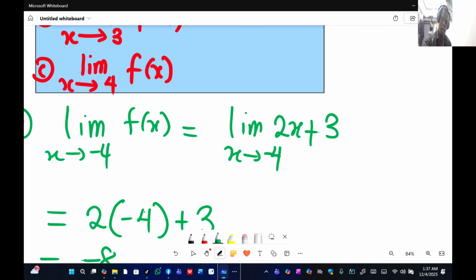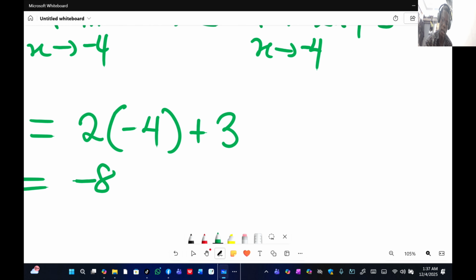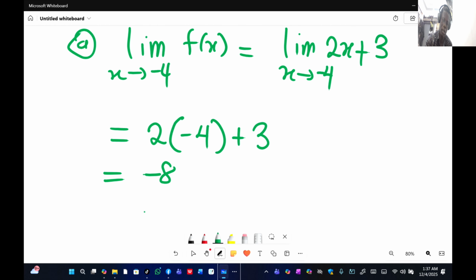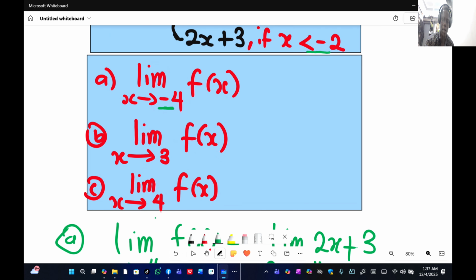So it will be negative 8 plus 3, and at the end we get negative 5 as the limit of the function as the input approaches negative 4.